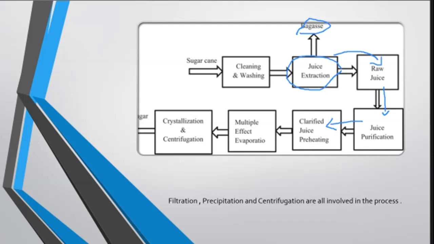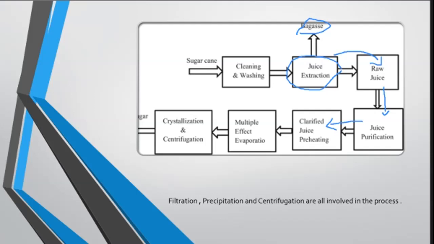We need to allow a lot of the water to evaporate. So the next process is evaporation, where you leave the sugar and the excess water to simmer down, allowing all the excess water to evaporate, right?